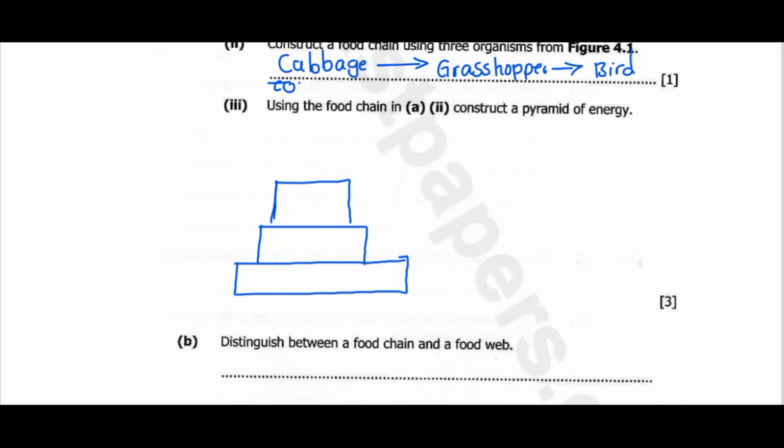So the first one has the producer, which is cabbage. Since we are not given numbers, we can make any number. So we have about 1,000 kilojoules of energy. Then from there, we can see that we have grasshopper.